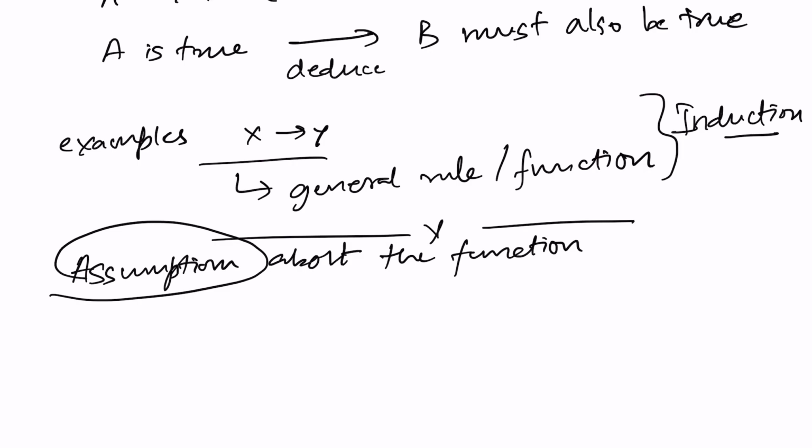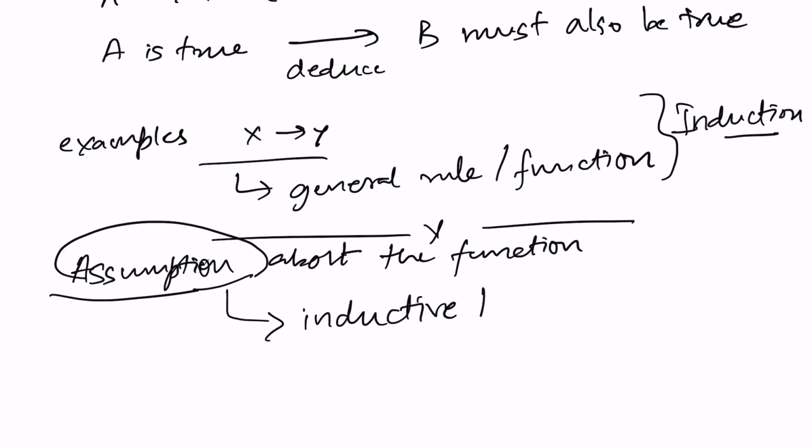So any assumption that you make about the function is first of all important, because without it, the whole exercise is meaningless. And the second part is that these assumptions about the function are called inductive bias, right?